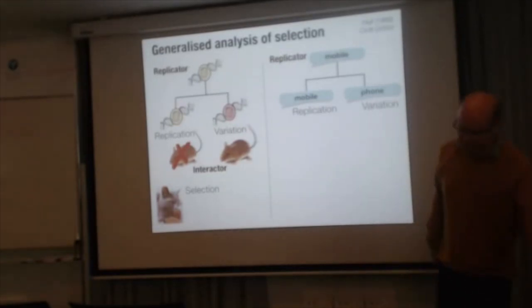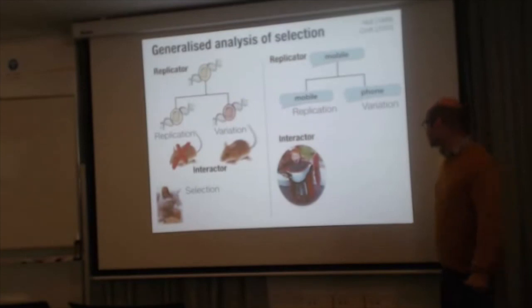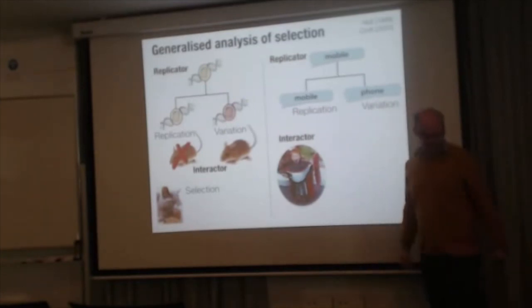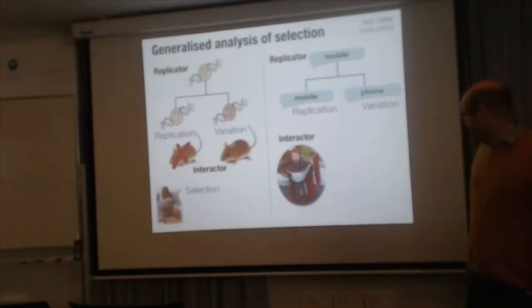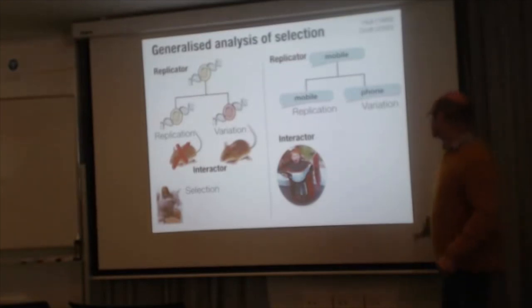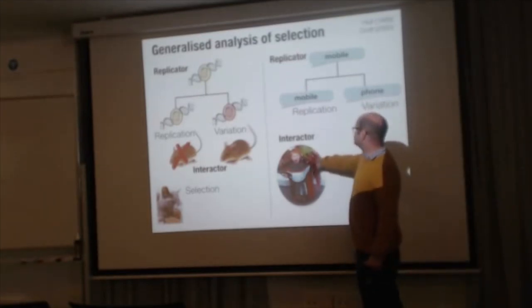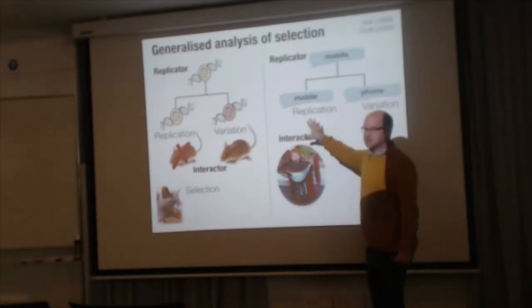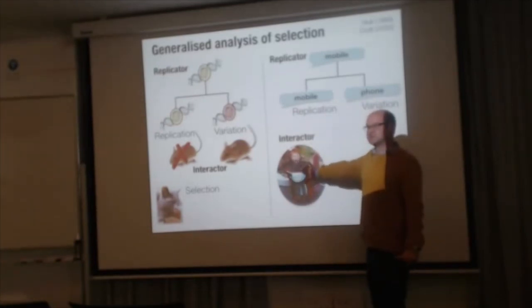So what's the interactor? The interactor is a language user. Here's one, and a very, very loud one. The interactor basically gets to choose which words get used. So the interactor is the agent of selection.